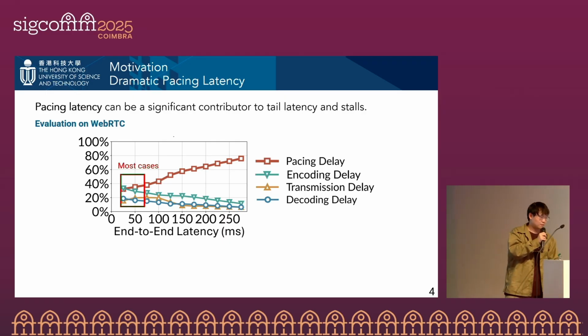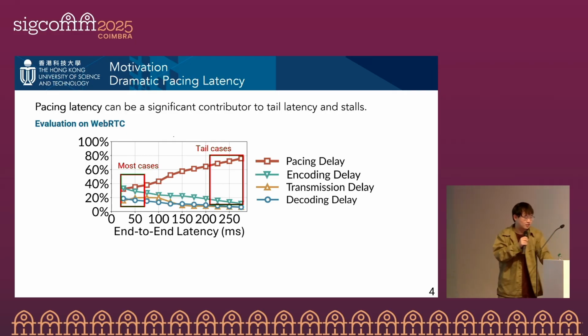On the left side of the data, for most cases where latency is lower than 50 milliseconds, the different components don't show much difference. But if we look at the latency greater than 200 milliseconds, the tail cases, we found that pacing latency is taking the lead. Other components, such as encoding, decoding, and transmission delay, contribute less than 1/3 of the total latency.